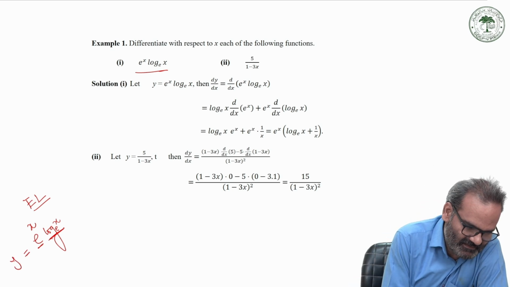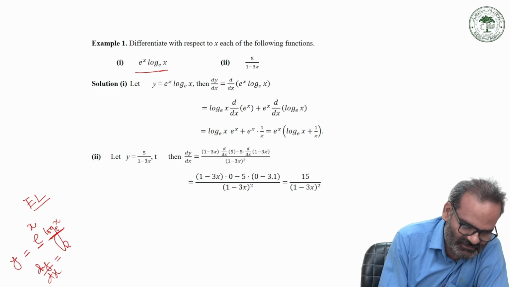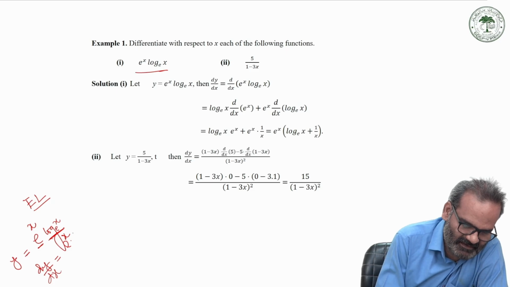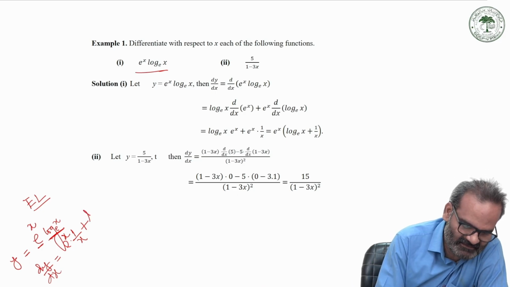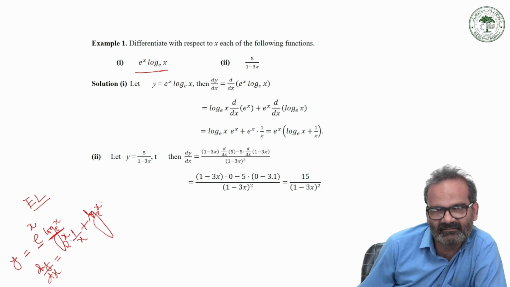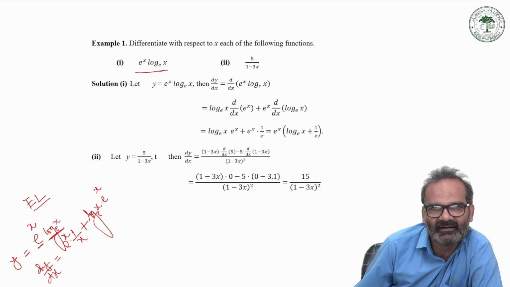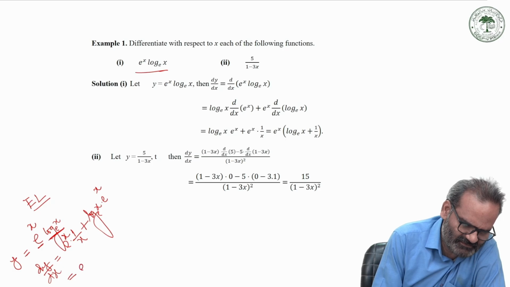Say this is y. So dy/dx equals the first function as it is, e^x, into the derivative of the second function, which is 1/x, plus the second function as it is, log x base e, into the derivative of the first function, and the derivative of e^x remains e^x. In the next line, you can take e^x common.